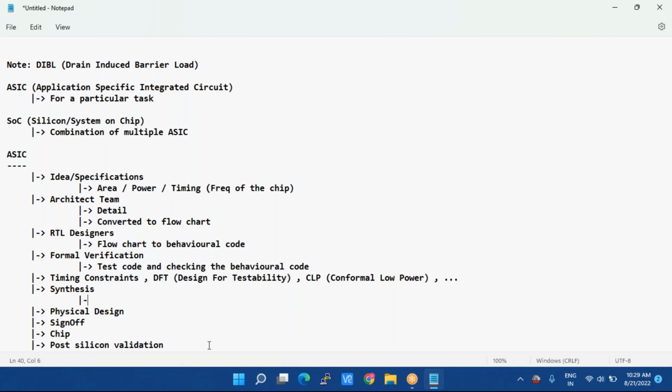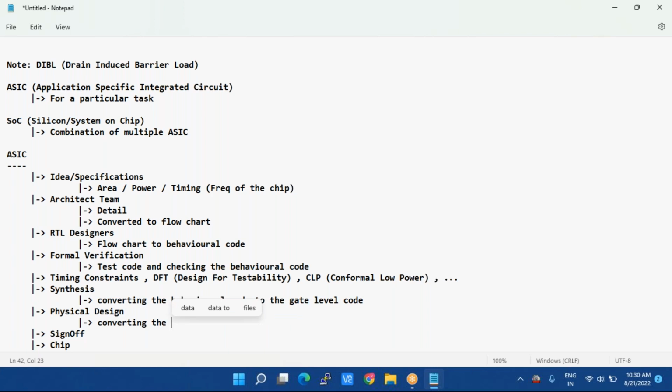In synthesis, you will be converting the behavioral code to the gate level. And next, physical design, converting the information in the file format to the physical format, or let's make it like logical to physical.